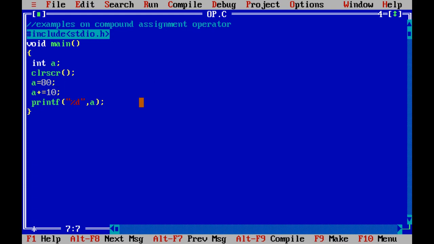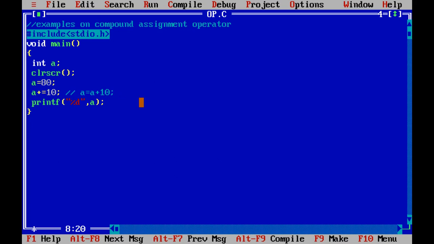The compiler evaluates this expression as a equals a plus 10. The compiler converts this expression like this. So a equals a plus 10 is a normal expression.